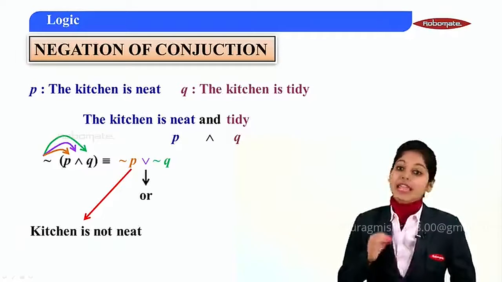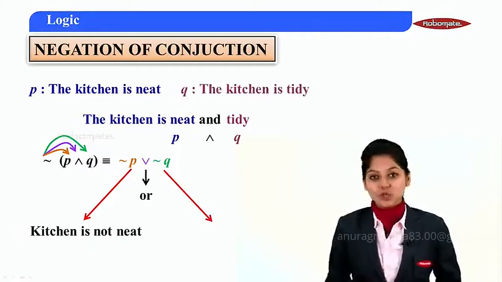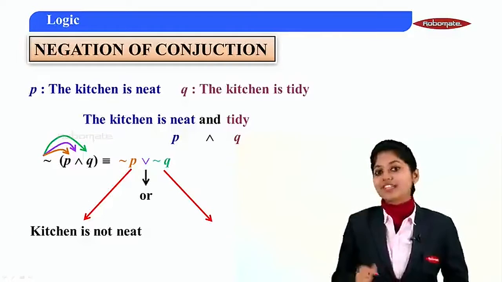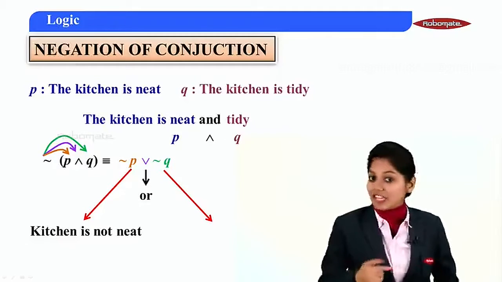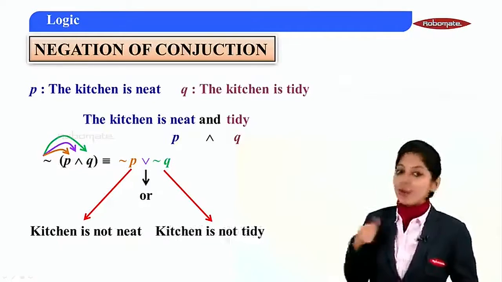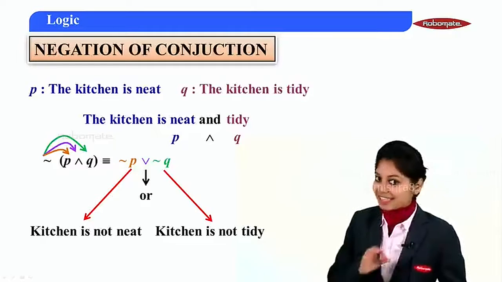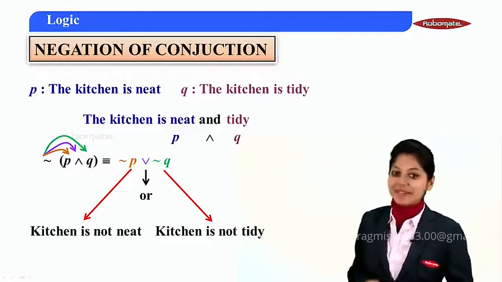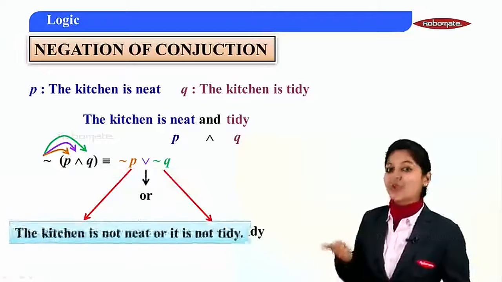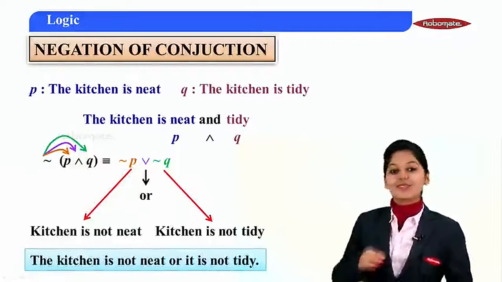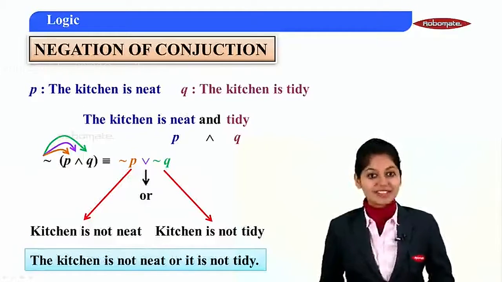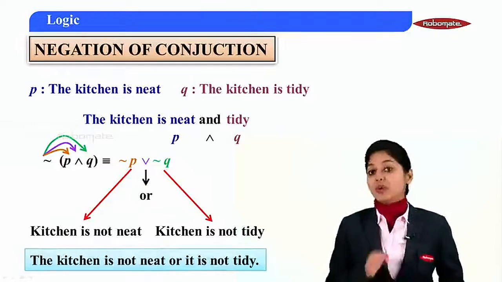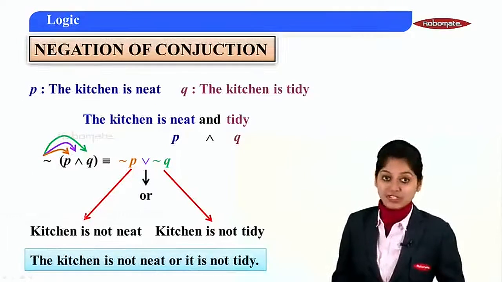Next one is negation Q. If Q is the kitchen is tidy, then negation Q will be the kitchen is not tidy. And therefore we have obtained the statement, which is the kitchen is not neat or it is not tidy. Understood? This is how we go for negation of conjunction.